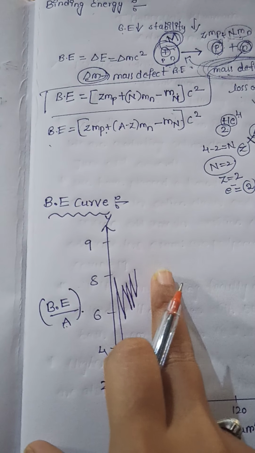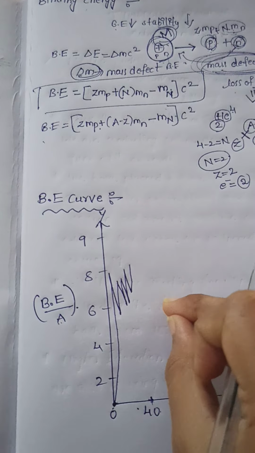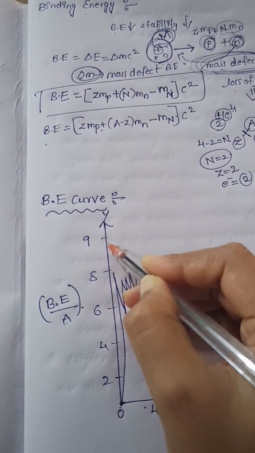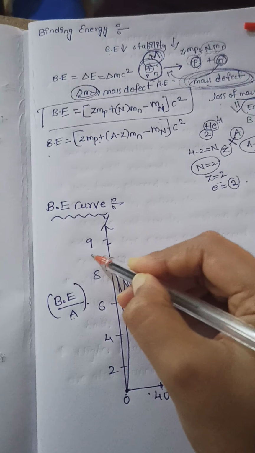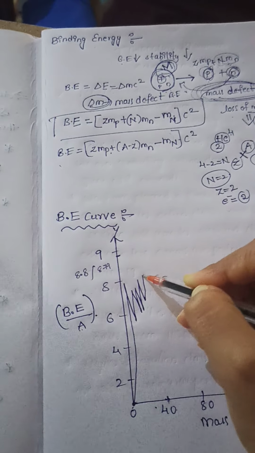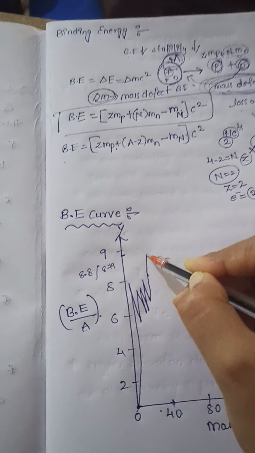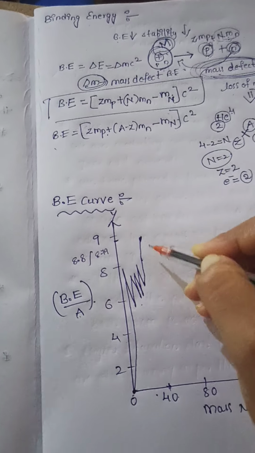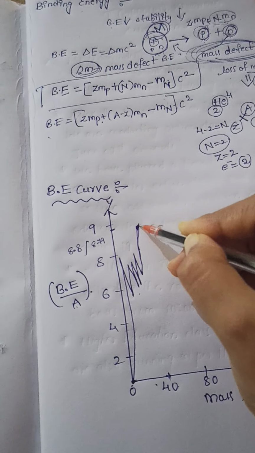The sharp rising of the curve reaches a maximum value of 8.79, that is almost 8.8. At the value of 8.8, the binding energy curve reaches the maximum value. It increases sharply and reaches the maximum.